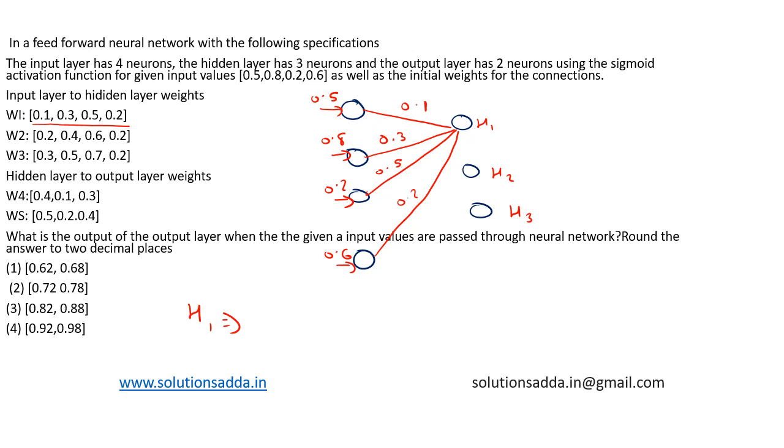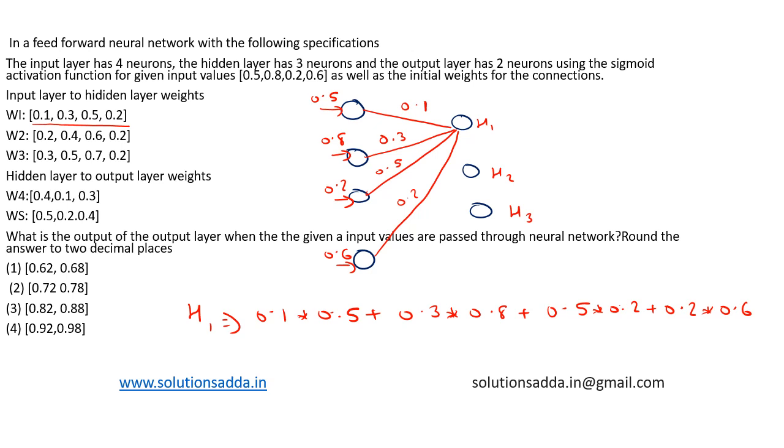This will be the value of h1. So let's try to calculate it. H1 can be calculated as 0.1 into 0.5 plus 0.3 into 0.8 plus 0.5 into 0.2 plus 0.2 into 0.6.